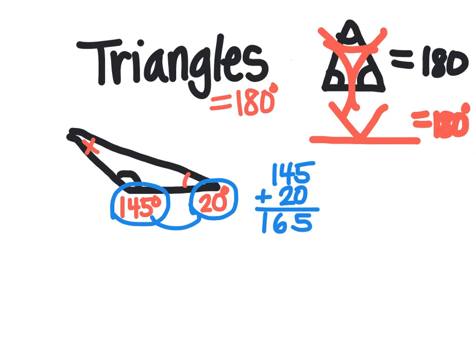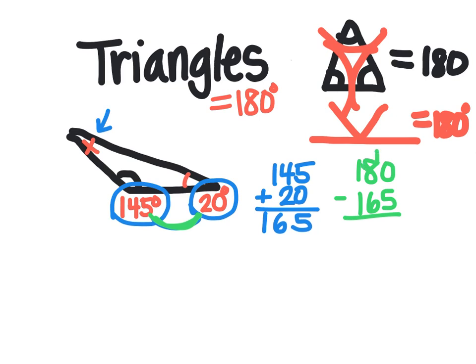I need to find angle x. Since triangles must equal 180 degrees, we're going to take 180 degrees and subtract the two angles that we know, 145 and 20. Those added together are 165, so I'm going to subtract that measurement.